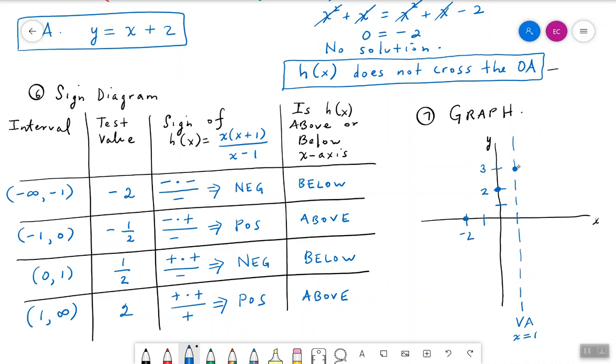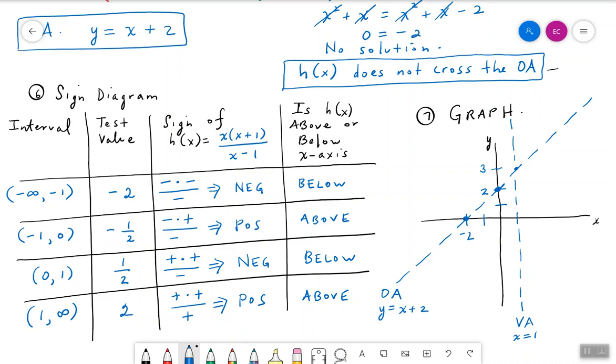So let's see here. Let's bring that point down just a little bit. And then let's draw a dashed line through those points. Okay, so there's an oblique asymptote at y equals x plus 2.